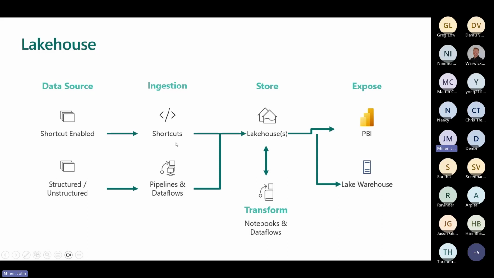There is something that's fabulous, and it's called shortcuts, and I really like shortcuts. I've had some difficulties testing out shortcuts, and I just haven't had time to get back to it. I've been busy with client work. But the interesting thing with shortcuts is we're kind of living in a disjointed data community, a data mesh, right? And what we're trying to do is mesh all these things together.